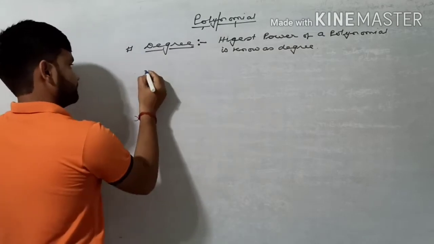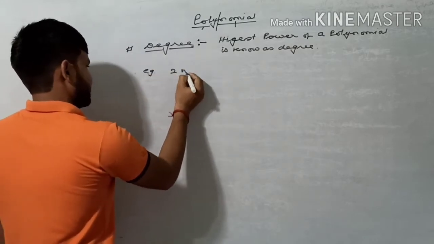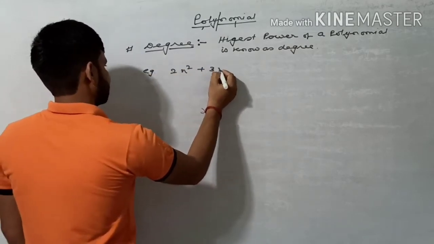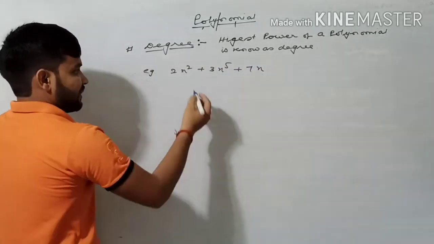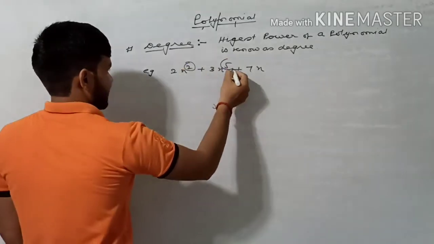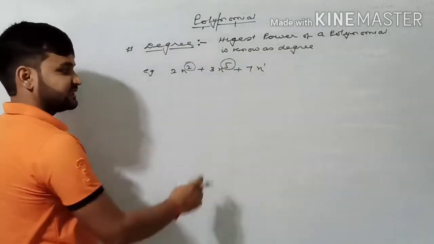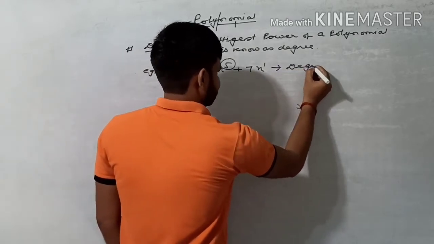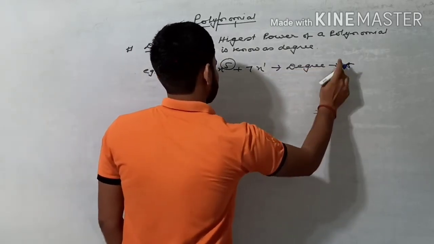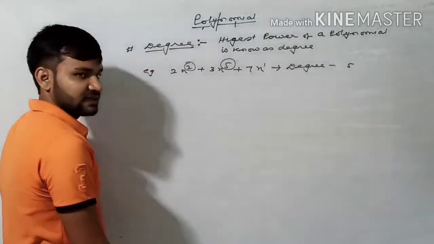For example, if we write 2x square plus 3x to the power 5 plus 7x, then the powers are 2, 5 and 1. The highest power is 5, that means the degree of that polynomial is 5. Clear?